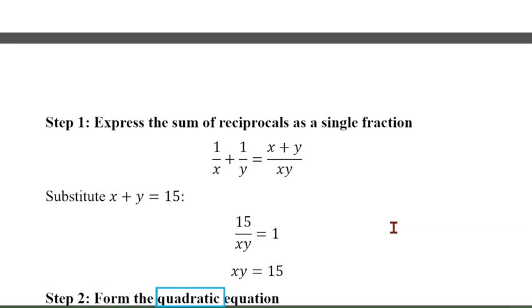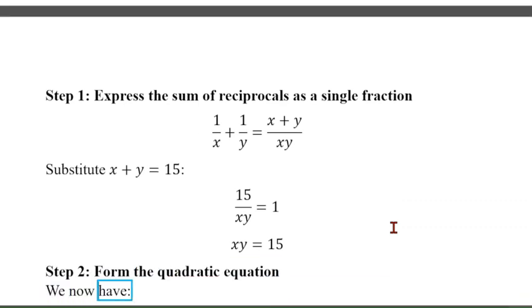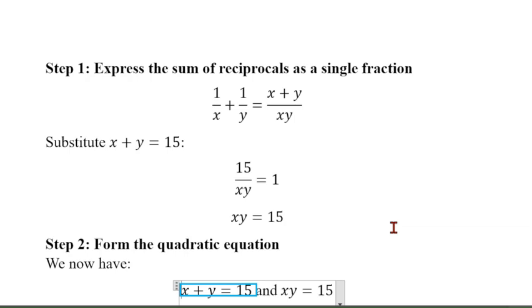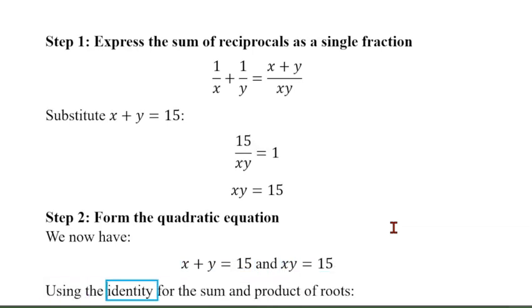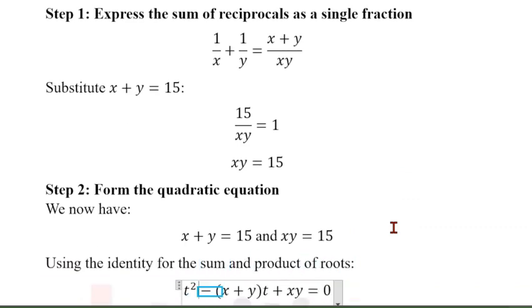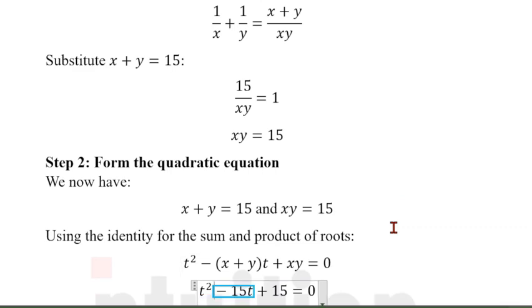Form the quadratic equation. We now have x plus y equals 15 and xy equals 15. Using the identity for the sum and product of roots: t squared minus open paren x plus y close paren t plus xy equals 0. t squared minus 15t plus 15 equals 0.